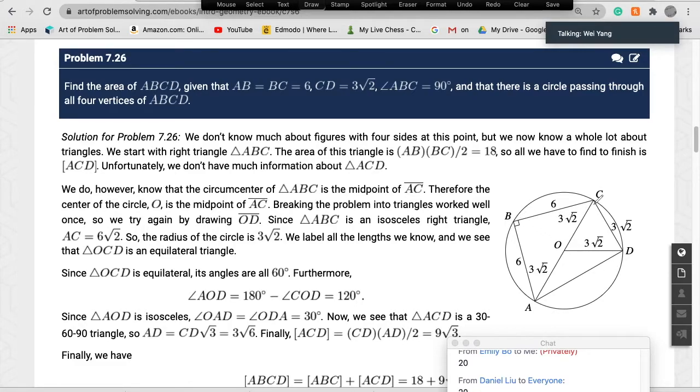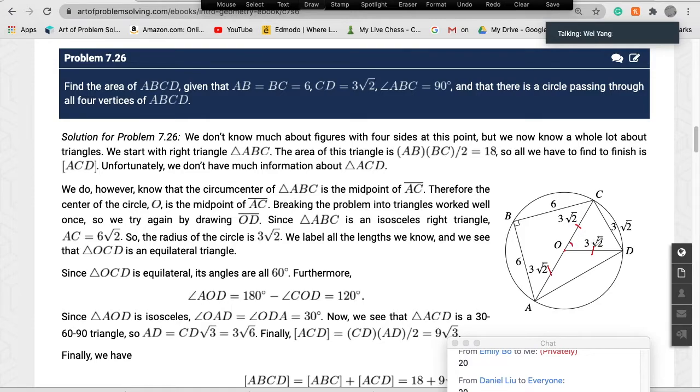Then AC is the diameter of the circle O, so O will be the middle point of AC. In this way, OC will equal OA, also equal OD.